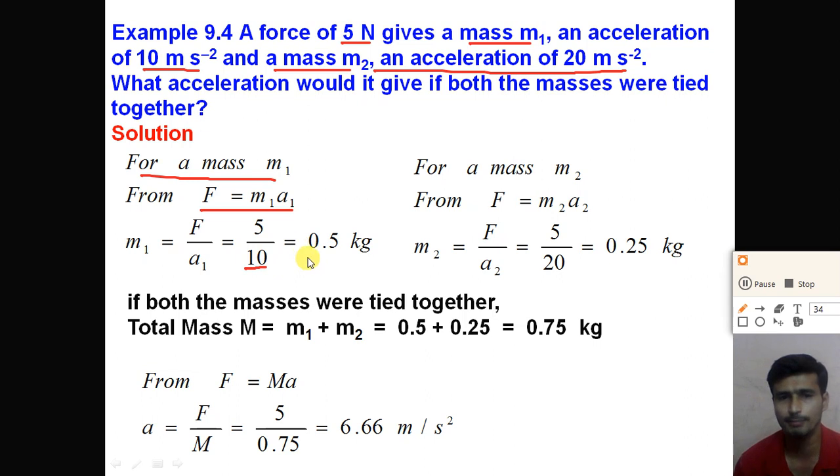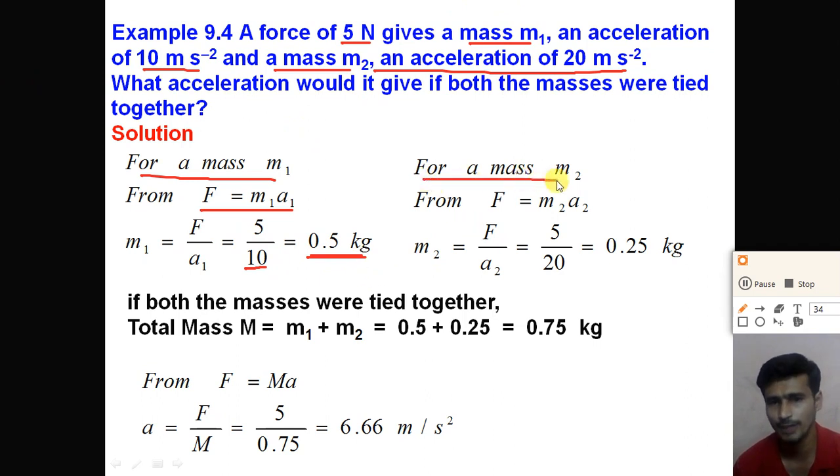So 5 divided by 10, we get the mass of the first object as 0.5 kg.